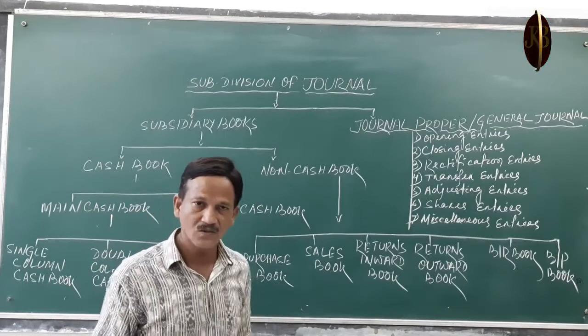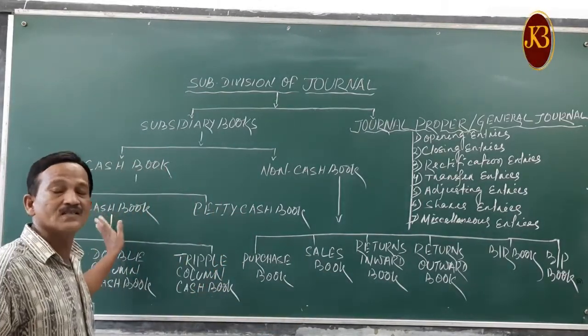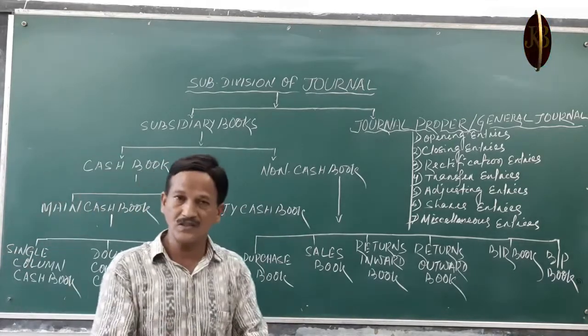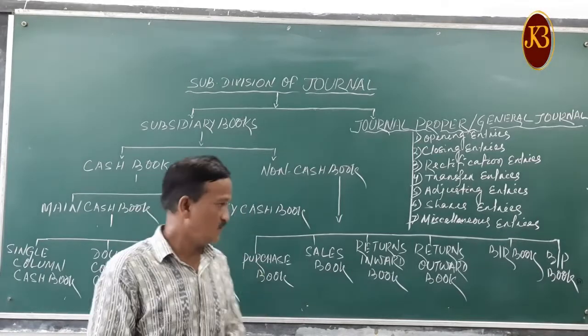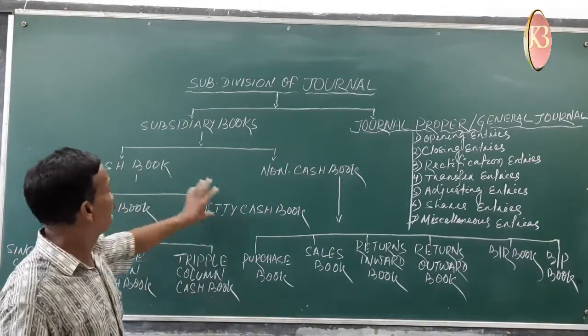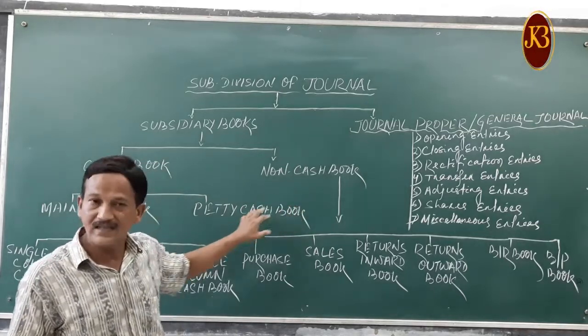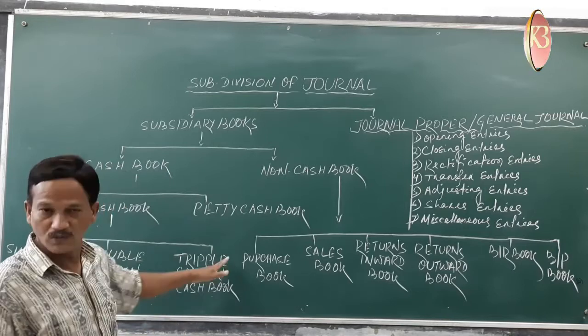There is a clerk who maintains the records, and the main cash book is recorded by the head cashier. The head cashier maintains the main cash book, and the petty cashier, a clerk under the cashier, maintains the petty cash book. So this is the cash book.